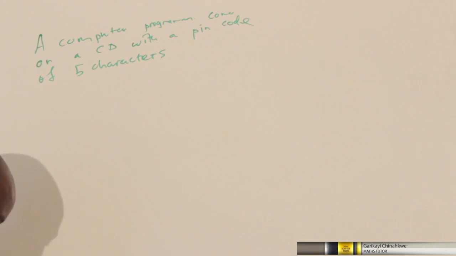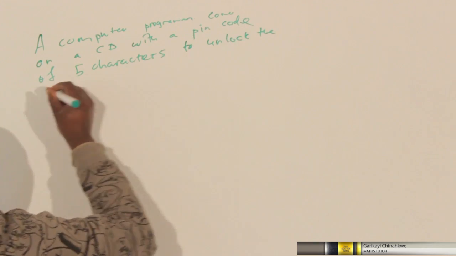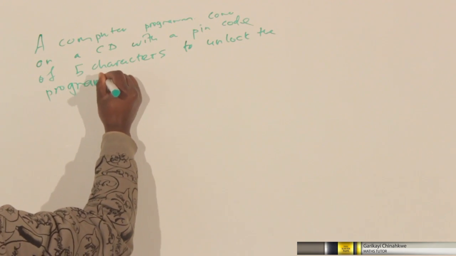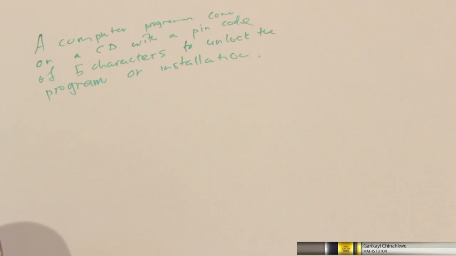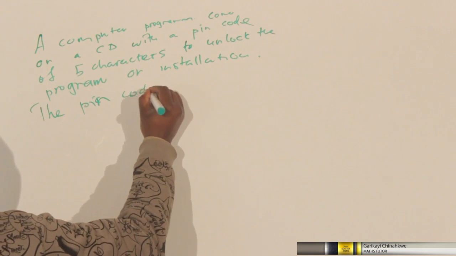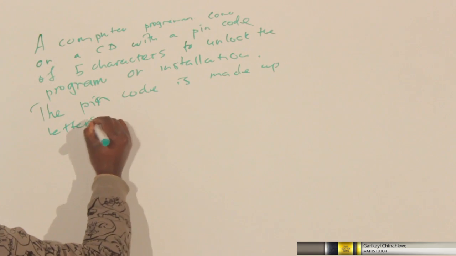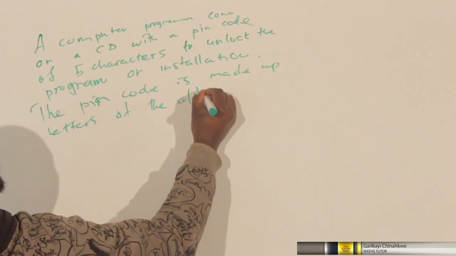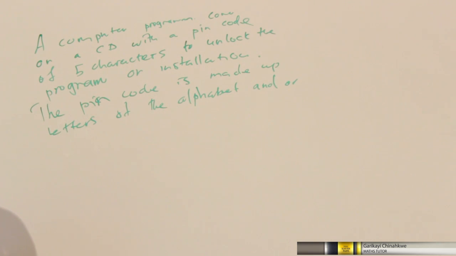To unlock the program on installation, the pin code is made up of letters of the alphabet and/or digits.